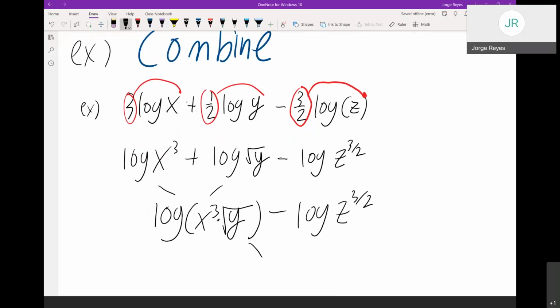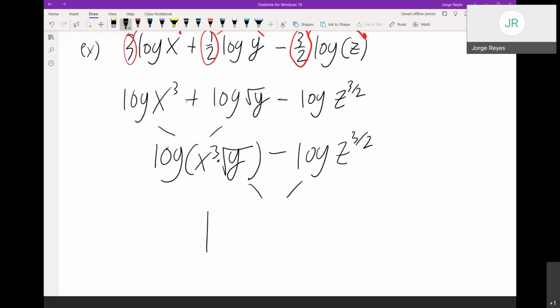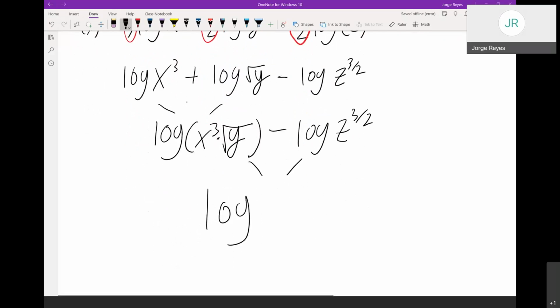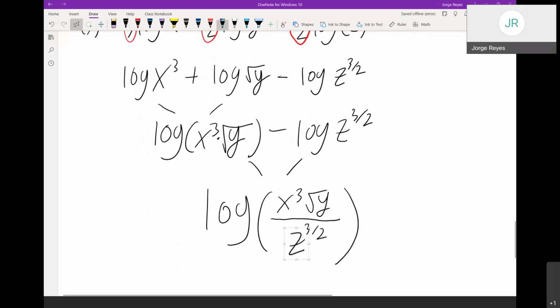And now I can combine these two using the quotient rule and get the final answer. So you get the top divided by the bottom. All right, very important that the whole thing is being divided, okay?